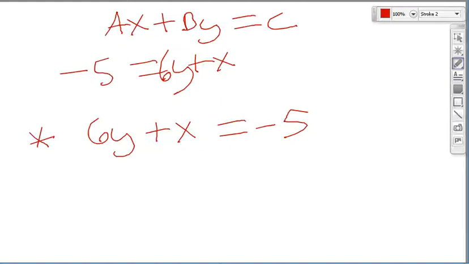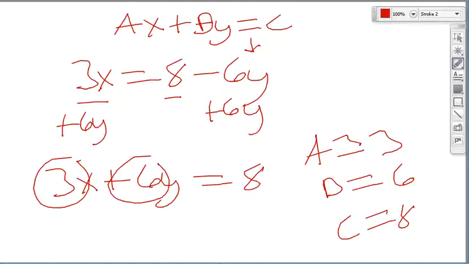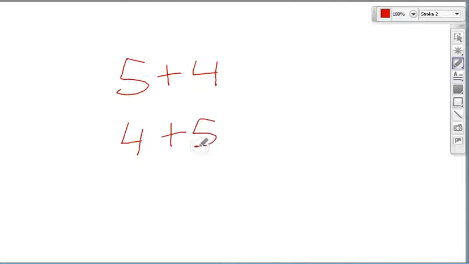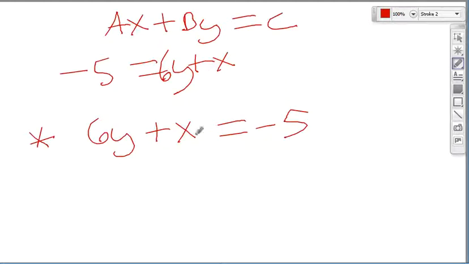Let me show you something else. If I have 5 plus 4, that is the same thing as having 4 plus 5. I can rearrange these terms and it still gives us the same answer, right? Or if I have 10 plus 6, that's the same thing as 6 plus 10. So let's go ahead and apply that principle here.